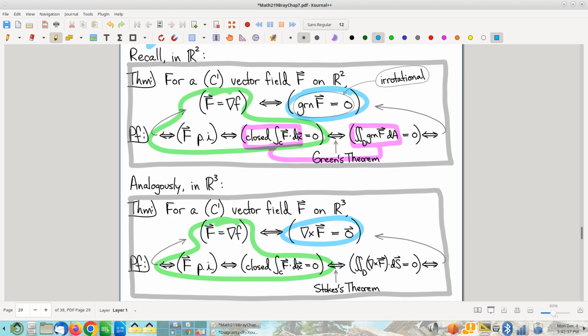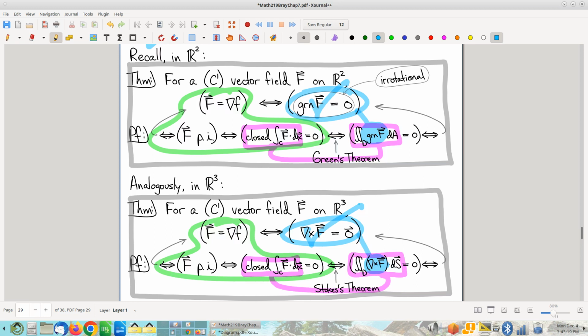And the thing that plays the role that Green's theorem did here is Stokes's curl theorem, which relates circulations to flux of the curl. And so the argument proceeds in morally equivalent ways, and in the same way that Green's theorem makes Green's operator the integrand, which makes Green's operator the local test, likewise, Stokes's theorem has curl as the integrand, which is what makes curl our local test here.